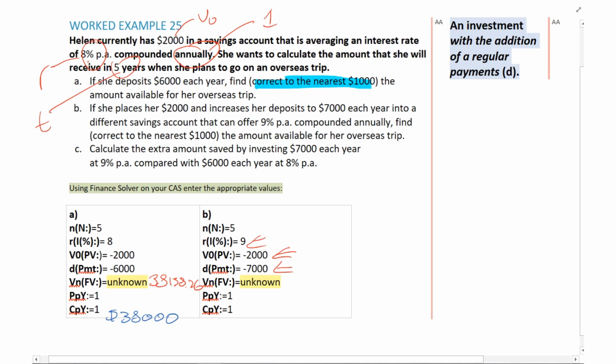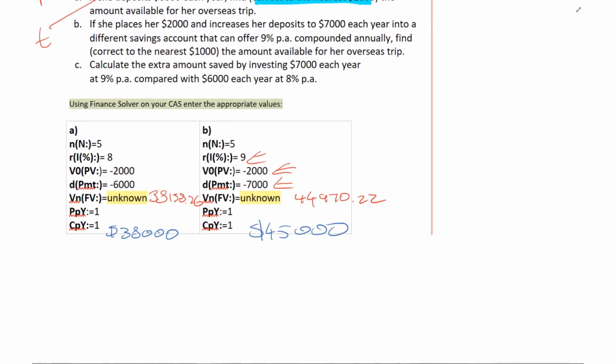Okay, do the same thing, and your answer for that will be 44,970.22. Nearest $1,000 for that is $45,000, because that's what they're after. And so that answers A and B.